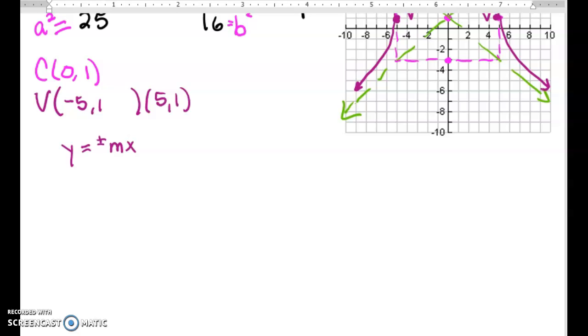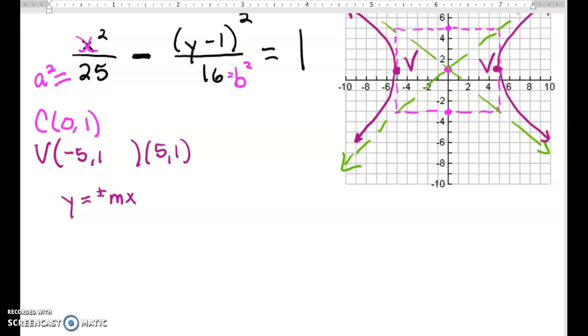All right, we're going to take the equation and we're going to write the asymptotes. Whatever's with the y, you're going to place right here. So instead of y, we're going to have y minus 1 equals plus minus our slope. Slope is rise over run. We rose 4 and we ran 5. Rise is always associated with the y-axis.